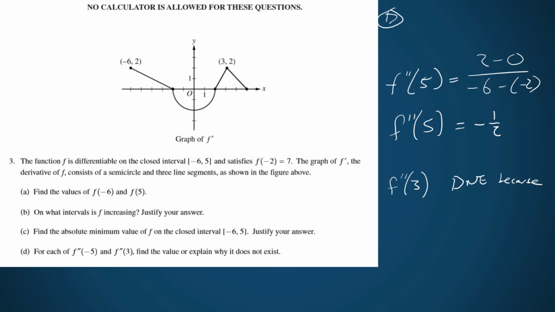It is because my slope as we approach 3 from the left is not the same as my slope as we approach 3 from the right. Let's prove that analytically really quick. So this is the limit as x approaches 3 from the left. If I go to 3 from the left, then I'll need to test the slope on this side.